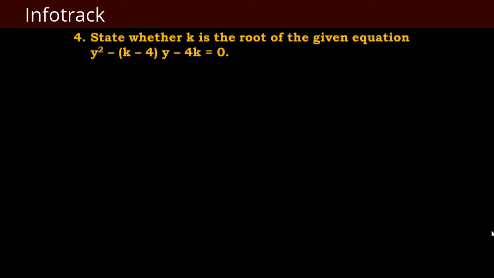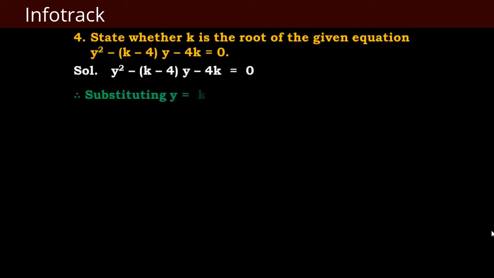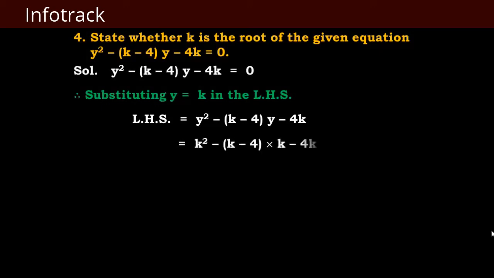State whether k is a root of the given equation y square minus k minus 4 into y minus 4k. We have to check whether k is a root of this equation or not. That means substituting y equals k in LHS, we get k square minus k minus 4 into k minus 4k. Solve the bracket.